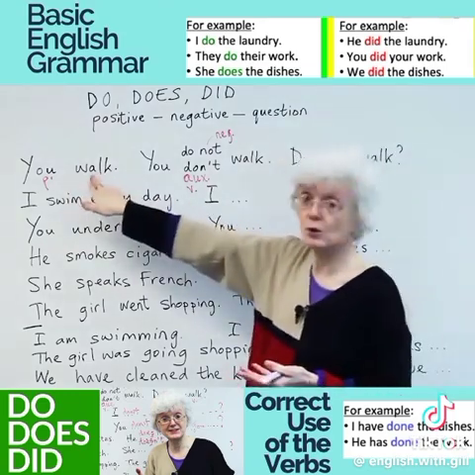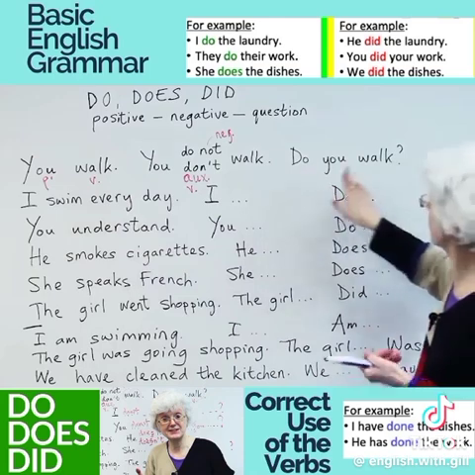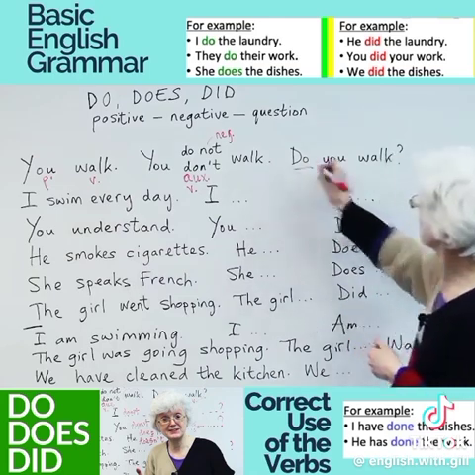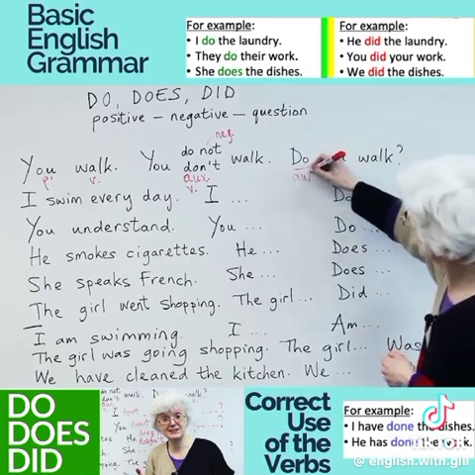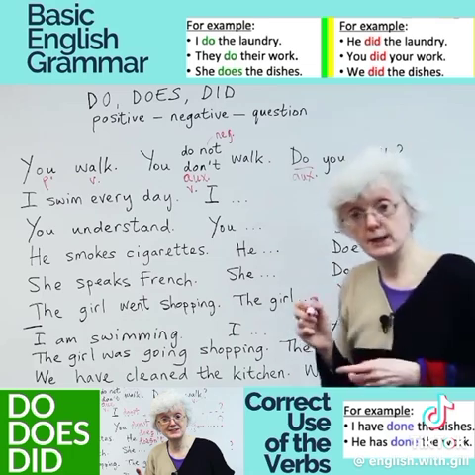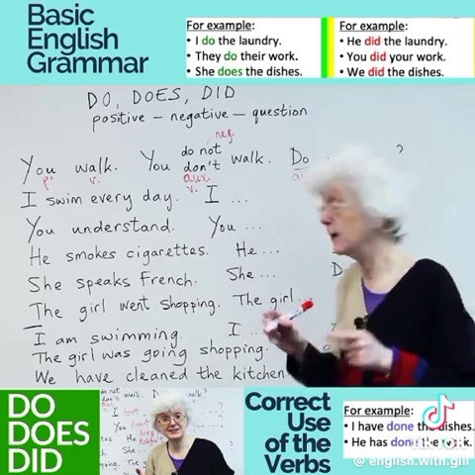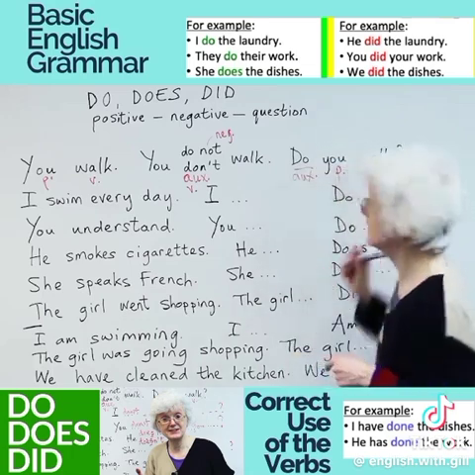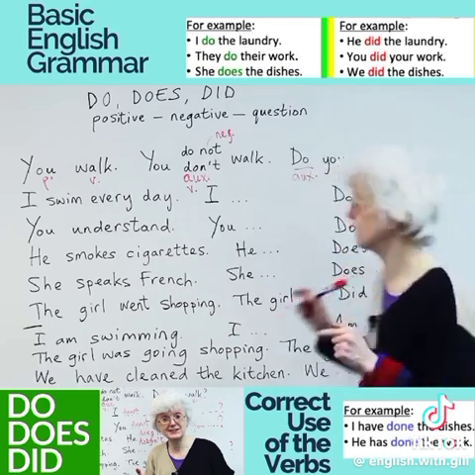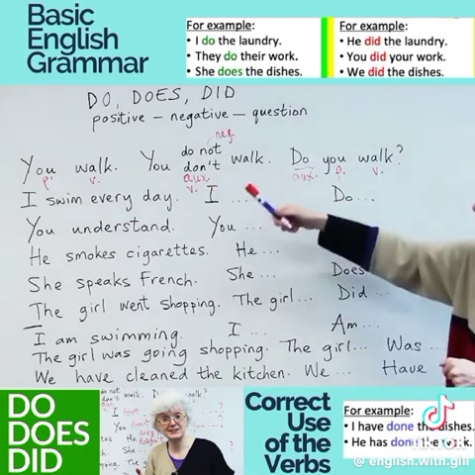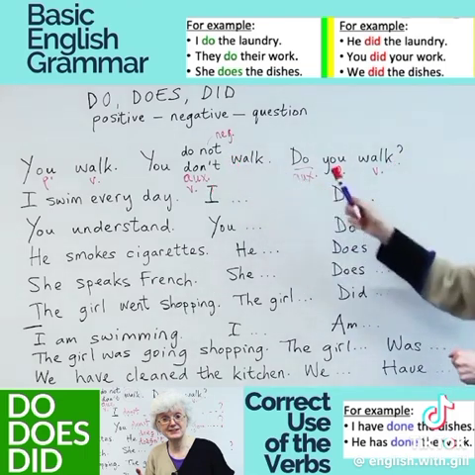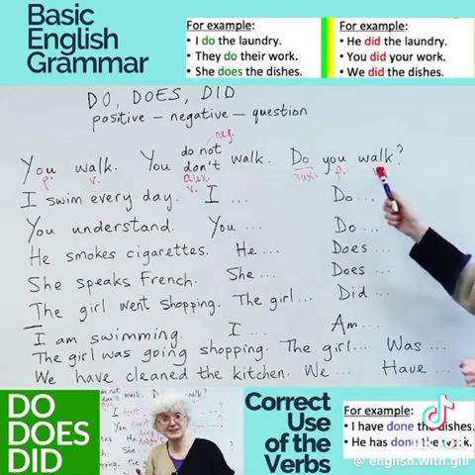So you walk, do you walk? Okay, so do is the auxiliary, you is the person, the pronoun, and walk is the verb.